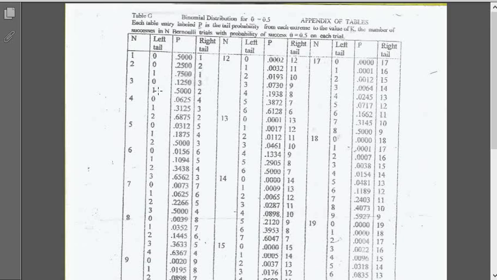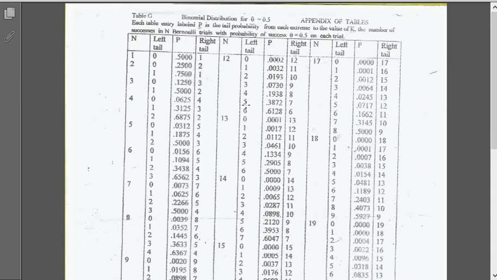These values are taken as T alpha by 2 or T alpha according to the value of alpha. As alpha is equivalent, again I repeat, equivalent to P. So if N equal to 12 and we want to find alpha equal to 0.05, the only thing you have to observe is that we cannot find exactly 0.05 or 0.025.